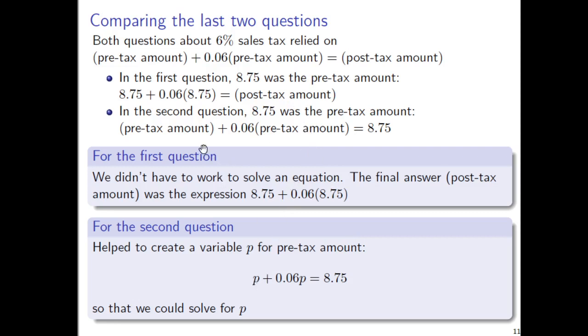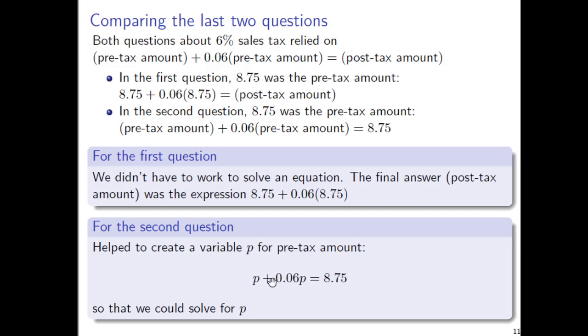How are we going to talk about pre-tax amount plus 0.06 times pre-tax amount, just that left side, when we don't know the pre-tax amount if we don't at least have a variable? So even though we don't know the number, creating a variable, which we happen to call little p, to represent that pre-tax amount was helpful. That way, even though we don't know the number, we could say pre-tax amount.